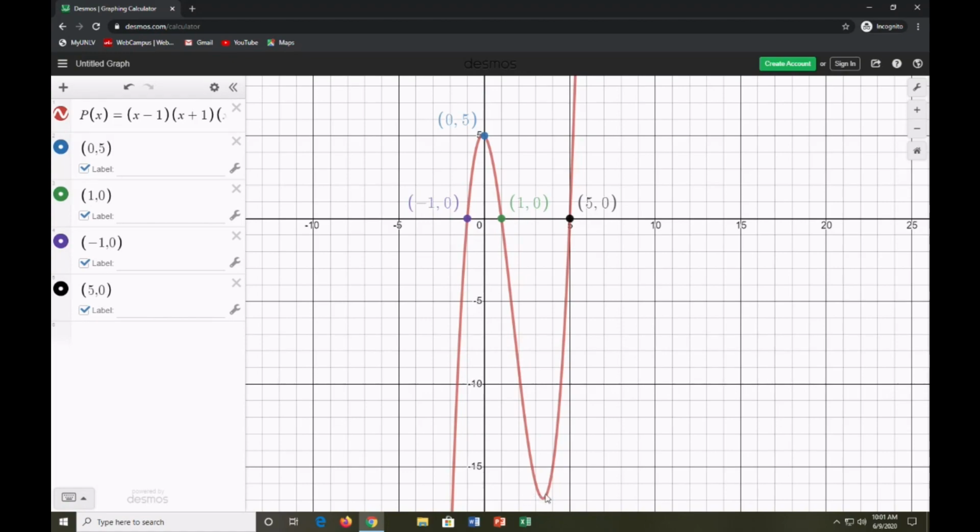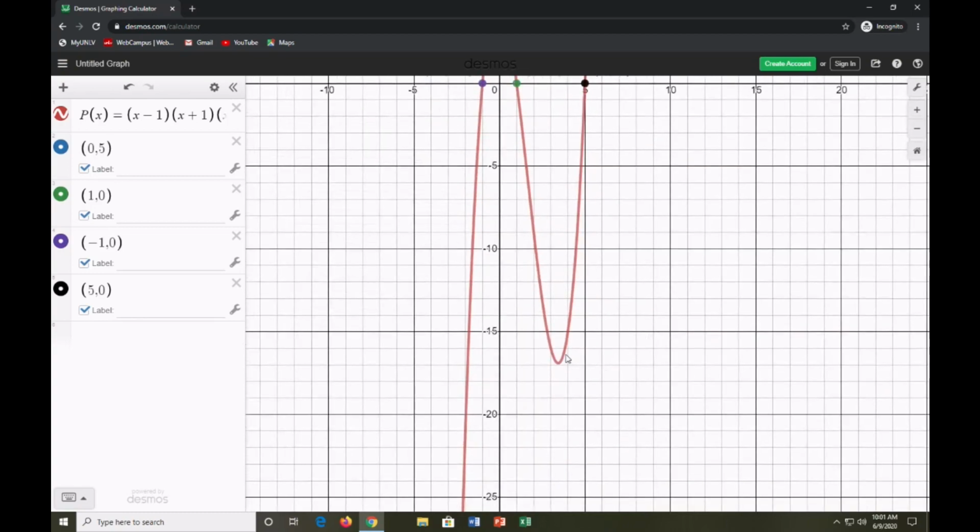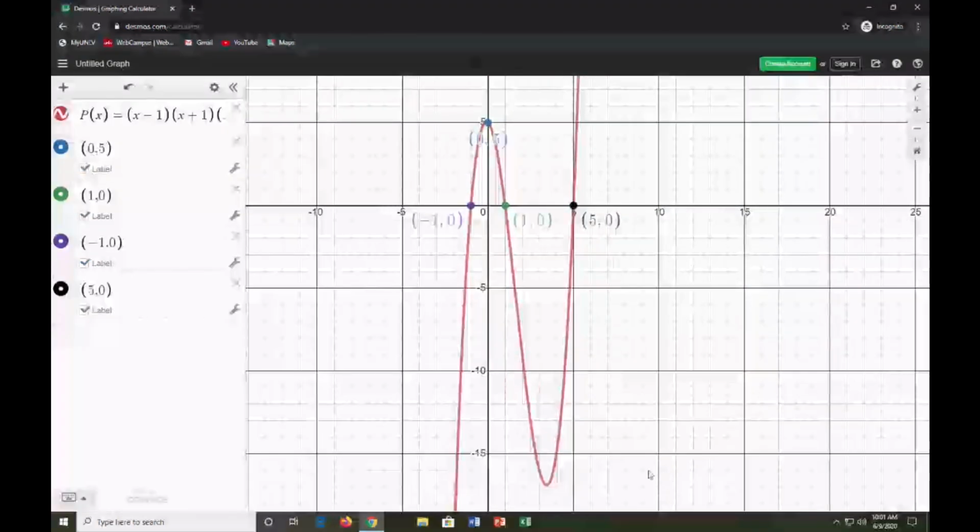But I was saying earlier that topic is not the subject of this course. That's why we leave it. When I drew it manually, I estimated it. But in Calculus 1, we have techniques that can help us find that information very precisely. Okay, all right, so that's that.